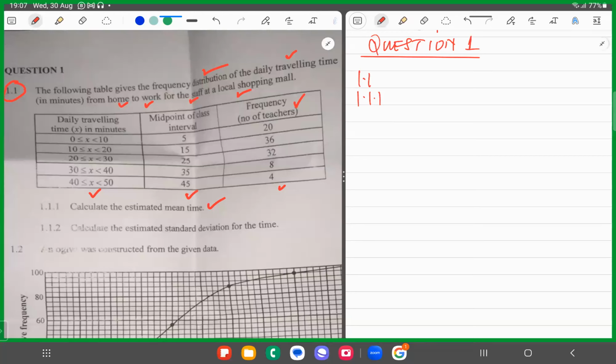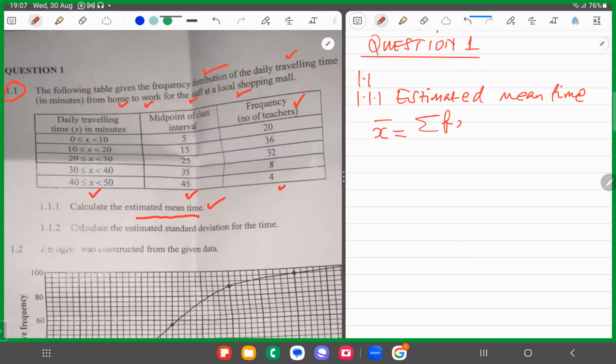This one is straightforward, the estimated mean time, and we enjoy ourselves with more statistics and probability. What is the estimated mean time?